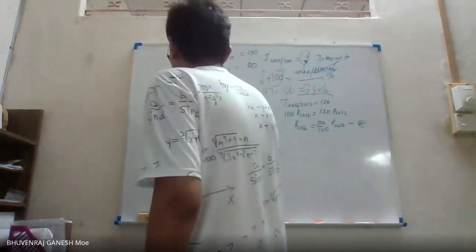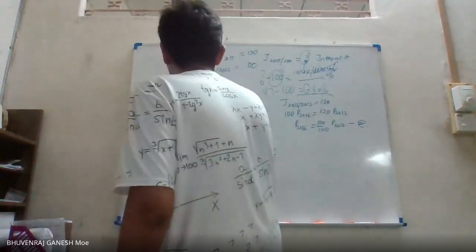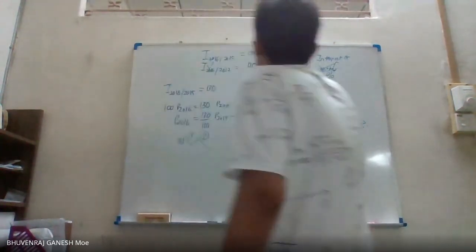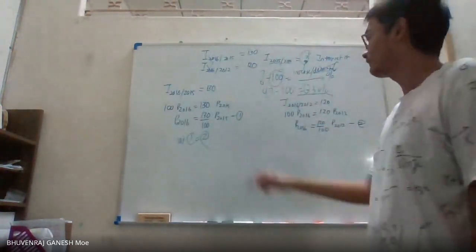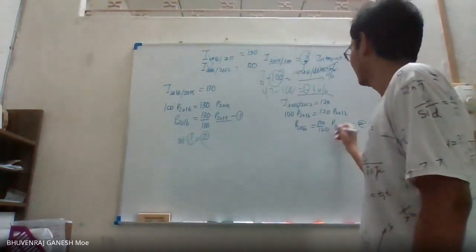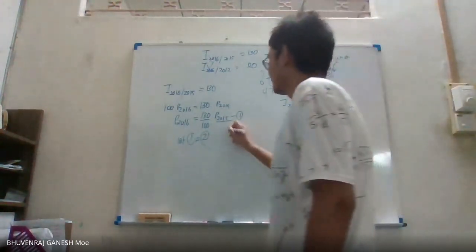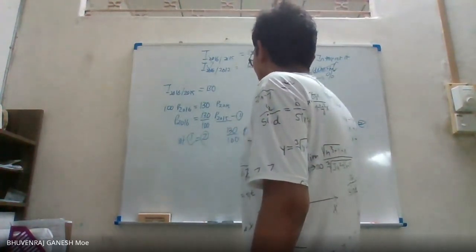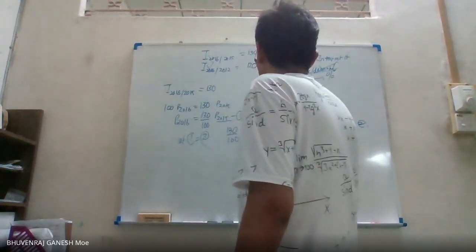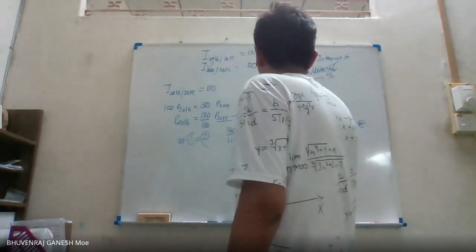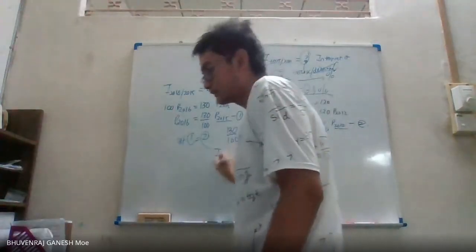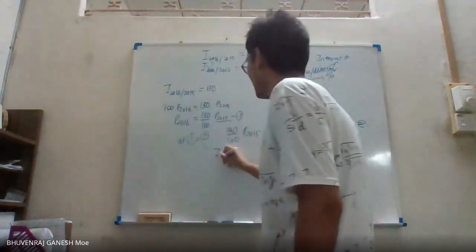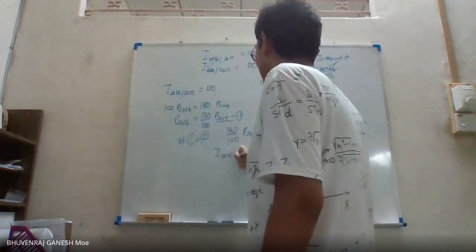Let 1 equal 2, because we are finding I 2015 over 2012, so we'll put the later year in front, earlier year here. So 130 over 100 P 2015 equals 120 over 100 P 2012. This is also a price index question, so no need for the 100 on top of the index.